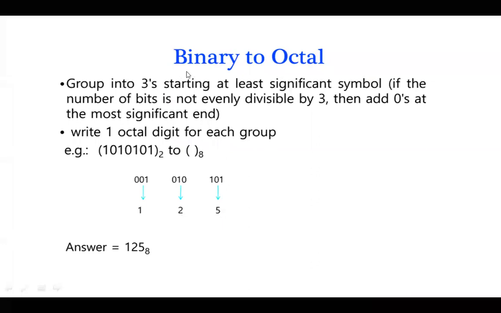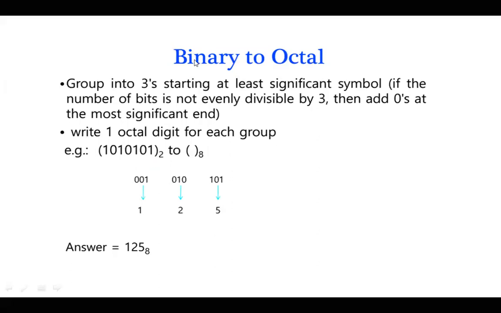Now suppose I want to convert a binary number to an octal number. What should I do? I should take the complete binary number and then group the digits. Now how will I group them?